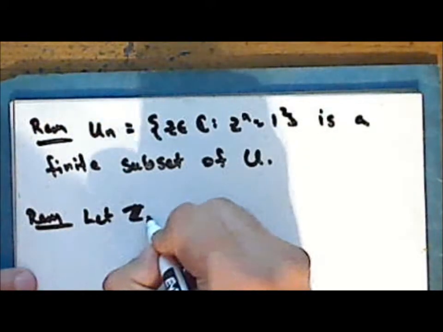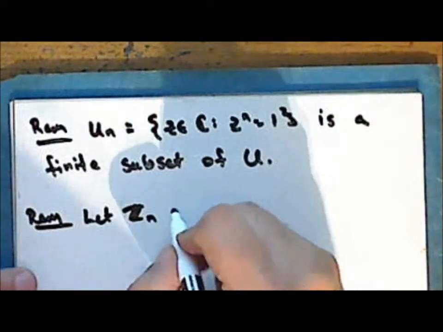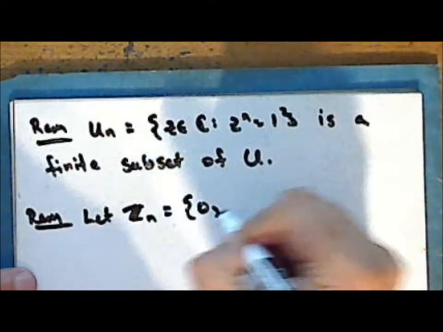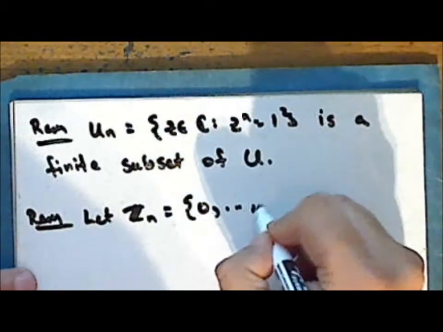Now let's review addition modulo n real quick. Again, the set of integers mod n is the set of integers from 0 to n minus 1.